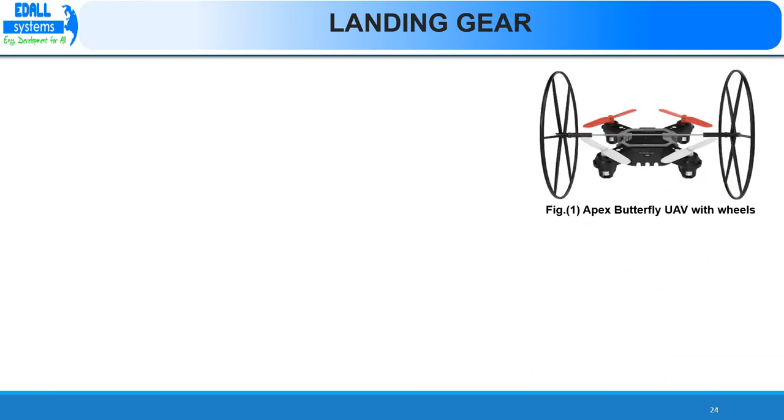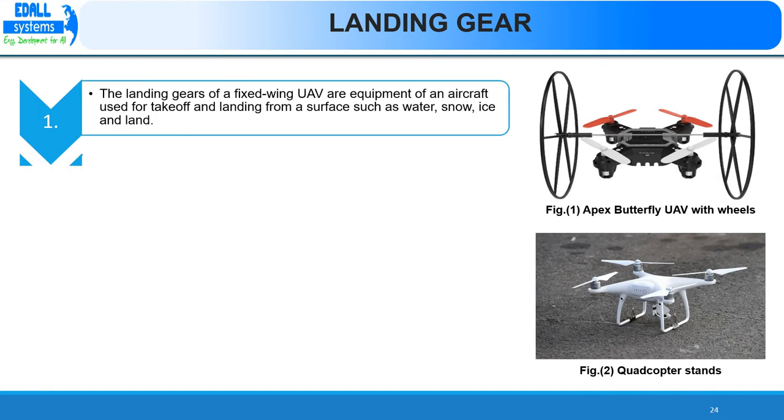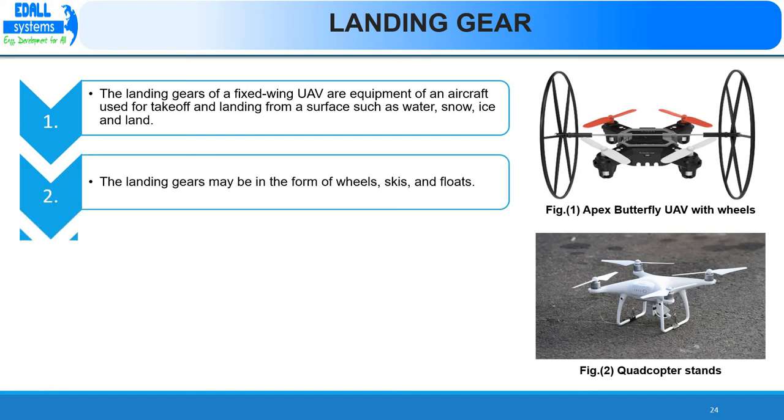Next we have is the landing gear. The landing gear of fixed-wing UAV are used for takeoff and landing from surfaces such as water, snow, ice, and land. The landing gears can be in the form of wheels, skis, and floats.